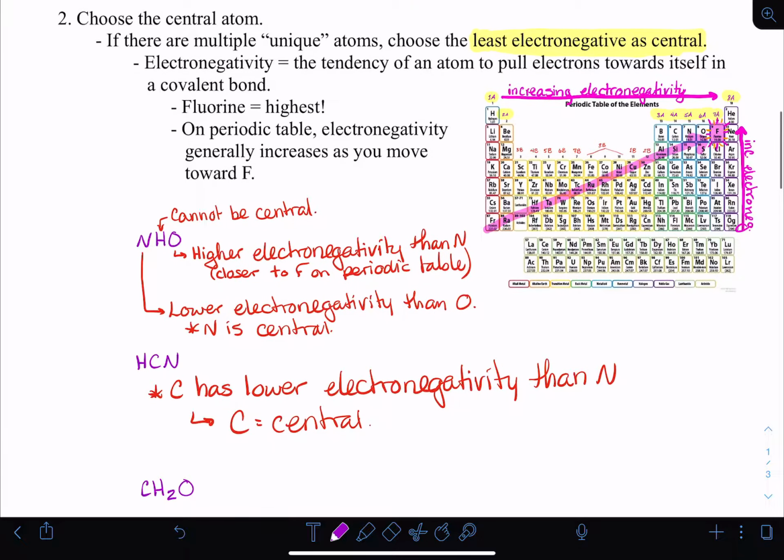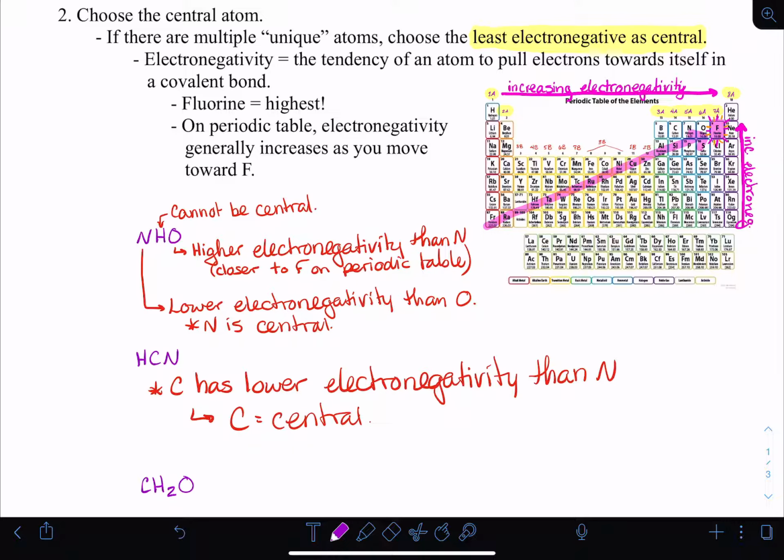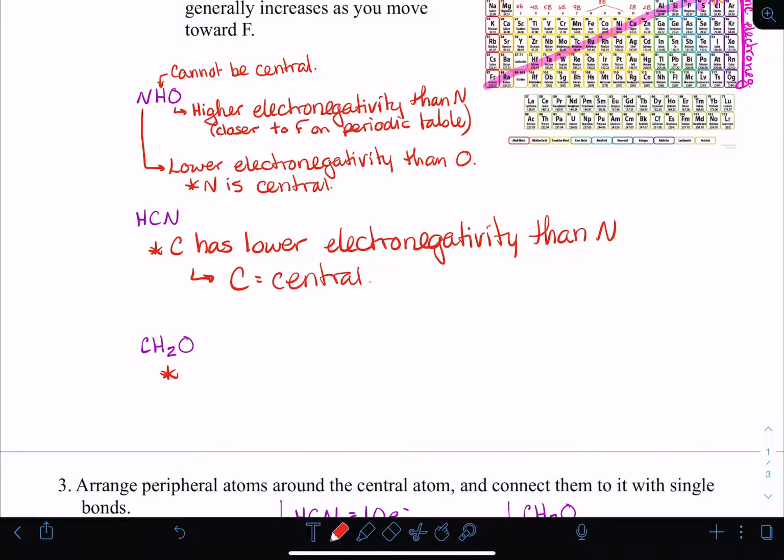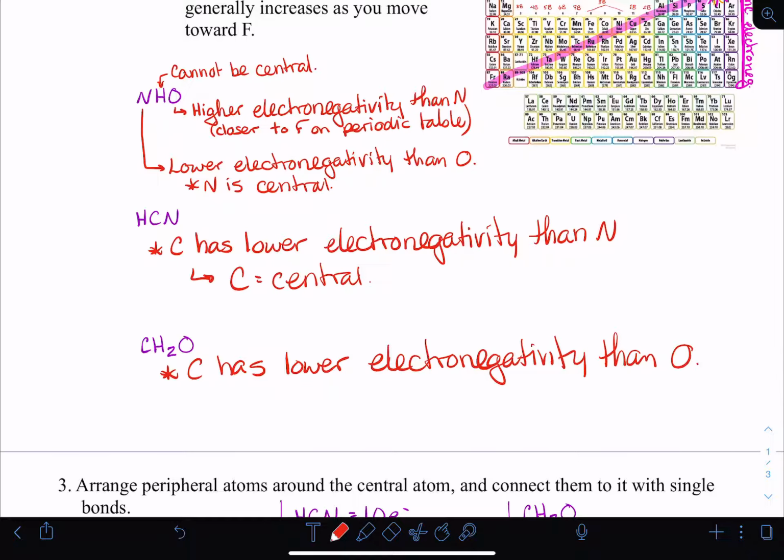Now, choosing our central atom, we know that hydrogen is not an option, so we're really choosing between carbon and oxygen here. Carbon is over here, oxygen is to its right, closer to fluorine. So since carbon has the lower electronegativity than oxygen, carbon will once again be our central atom.